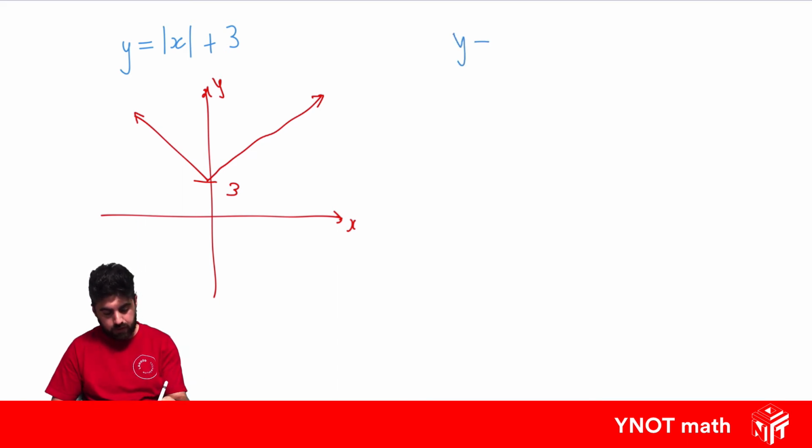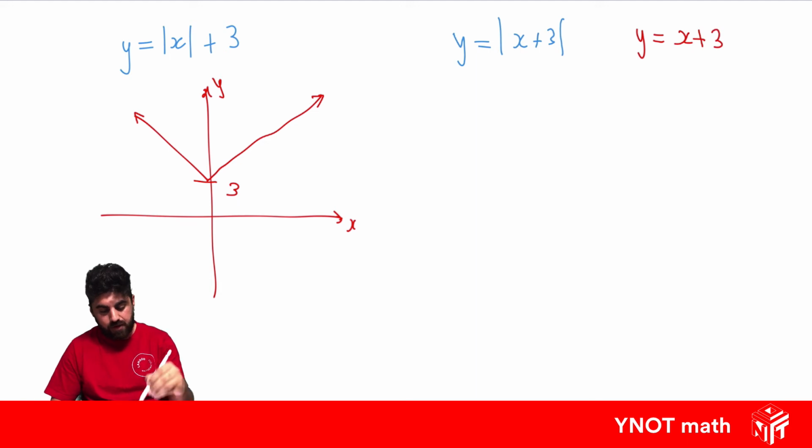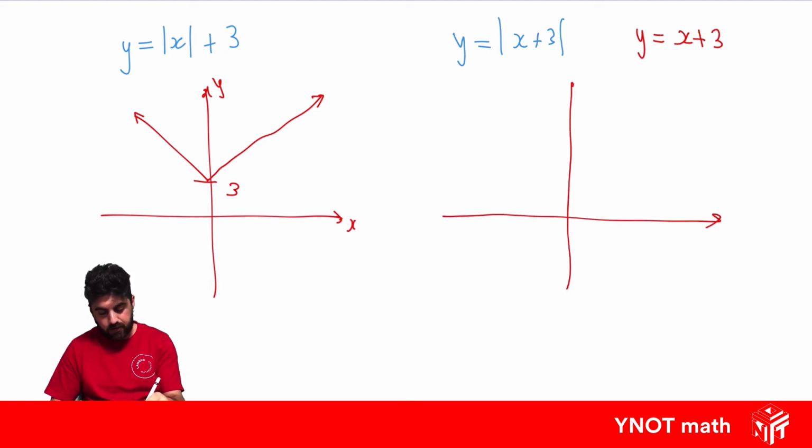What about y equals the absolute value of x plus 3, where the plus 3 this time is included in the absolute value? So when everything's wrapped in the absolute value, think about the function without an absolute value sign and graph that first. So let's sketch the line y equals x plus 3.